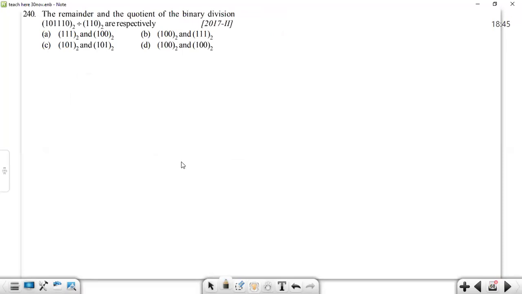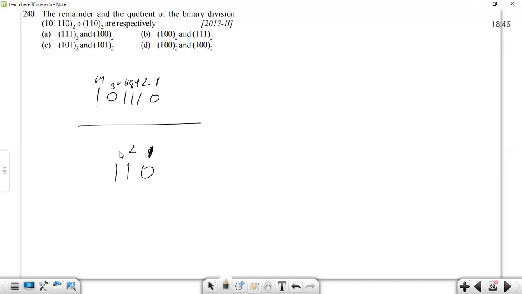Binary numbers. The remainder and the quotient of the binary division, divided by 110. So 1, 2, 4. Okay, I have made a mistake. 1, 2, 4, 8, 16, 32, 64.